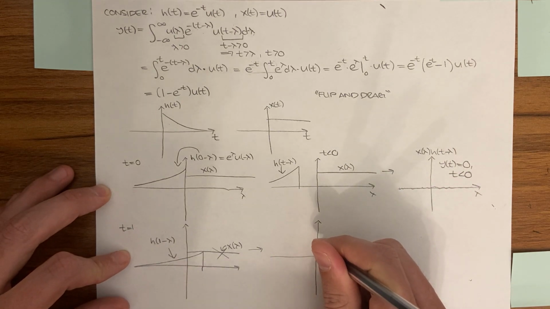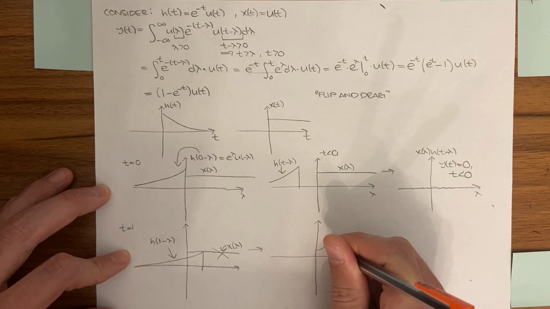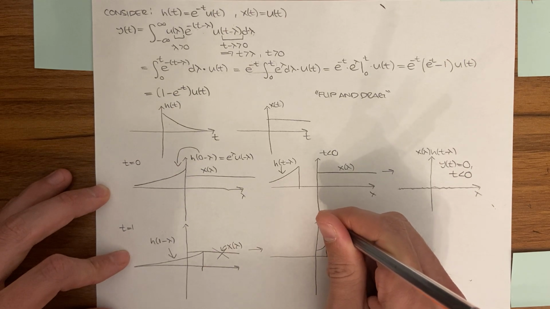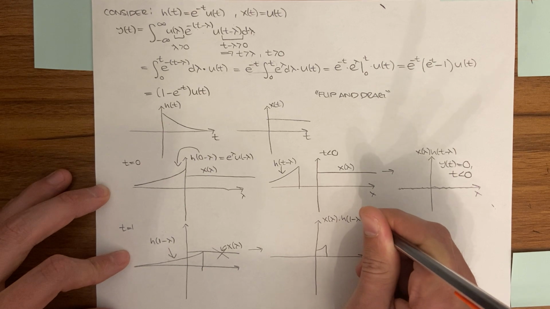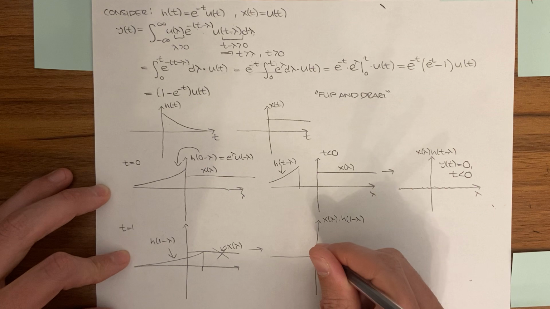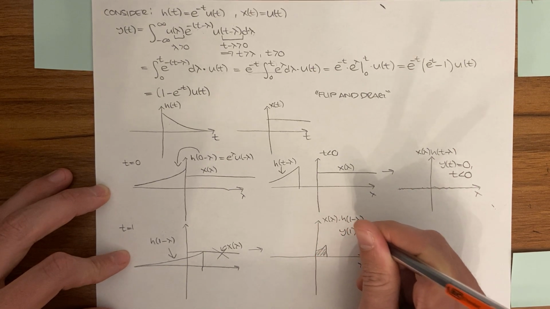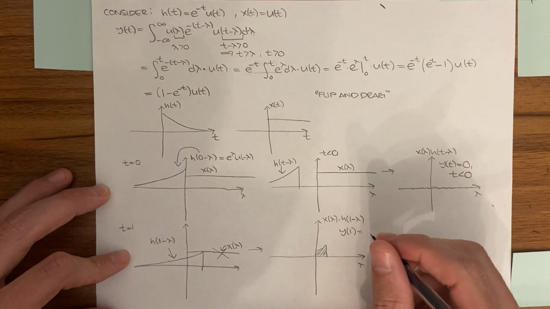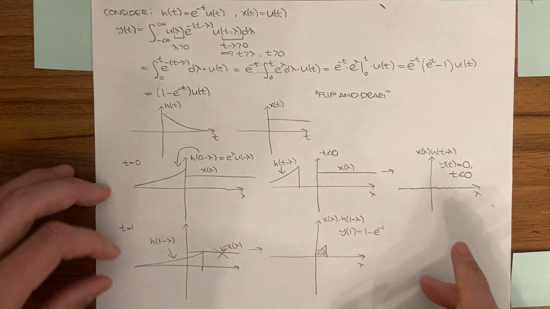So we just end up with a little bit of function right there. I'm plotting x of lambda multiplied by h of 1 minus lambda against lambda. Then you just integrate. This is y of 1, and if you work that out, we end up with 1 minus e to the minus 1.